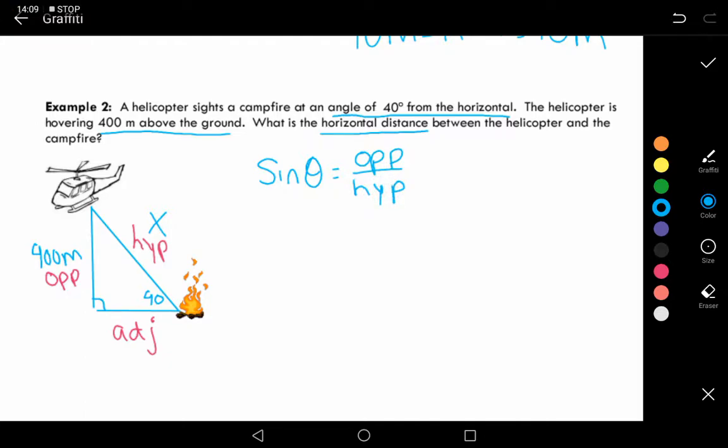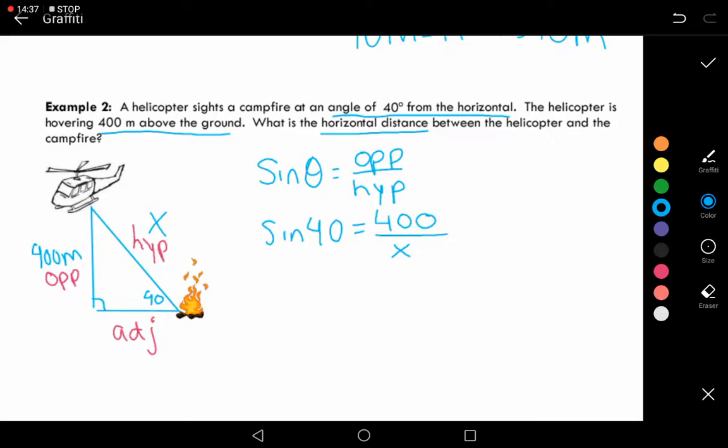Okay, next step, step 5, is to substitute the information that we know. So we know that theta is 40. We know that our opposite side length is 400. And we know that our hypotenuse is simply x. It's what we're trying to find. So you will hopefully remember from that last lesson, when we have our variable on the bottom, we're going to solve it the same way.